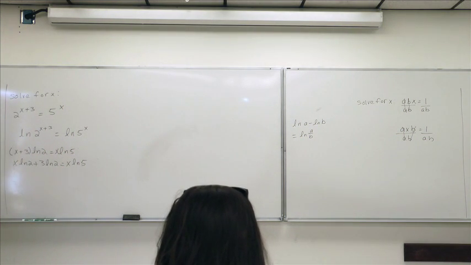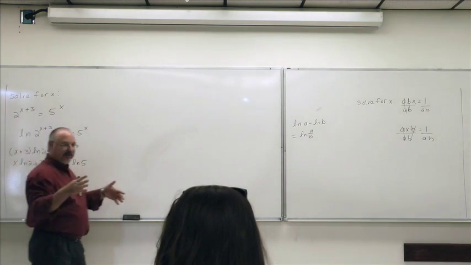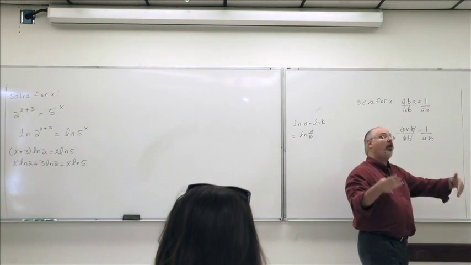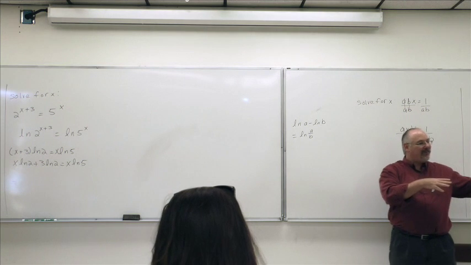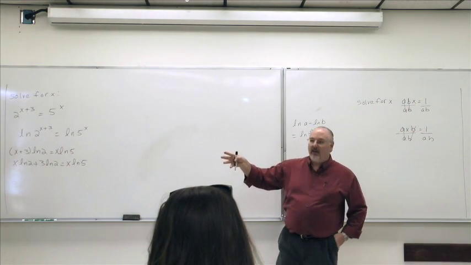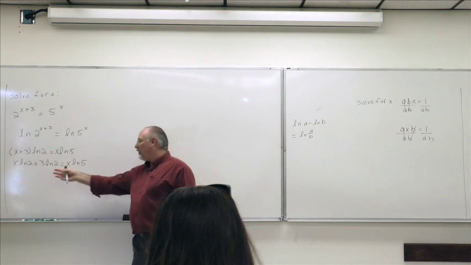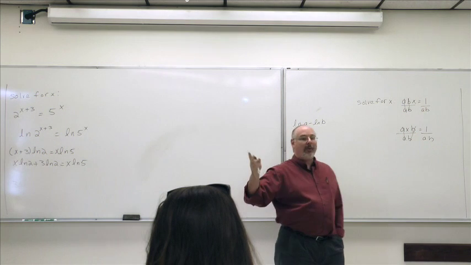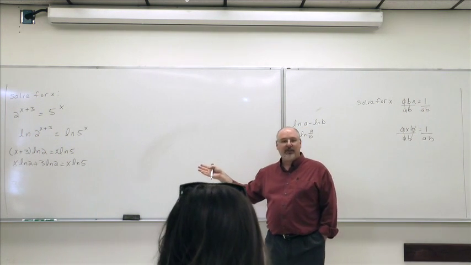So now we'll talk again about basic algebra strategies. You want your variables, or your terms with the variables, on one side, and the terms without the variables on the other side. So that means we want all of our x terms together and all of our non-x terms together on the other side. Well, what's the best way to accomplish that?